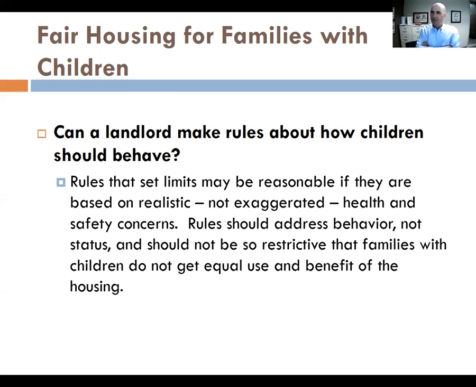Certainly it would be reasonable at some age to require that, perhaps require it on the playground, but to require a family with young teenagers that they can't be outside of the apartment without the supervision of one of their adult members of the household goes too far and discourages families from wanting to live in the apartment complex.